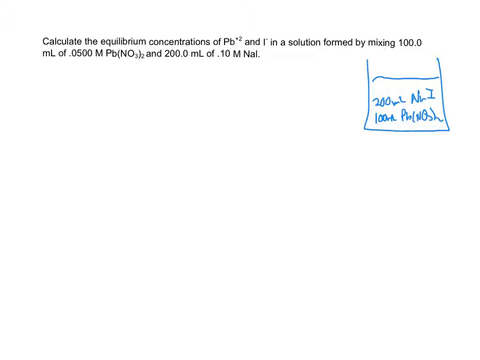The KSP for PbI2 is equal to 8.7 times 10 to the negative 9th. All right, so what would happen is the I- from the NaI reacts with the Pb2+ from the lead nitrate, and maybe a precipitate would form.